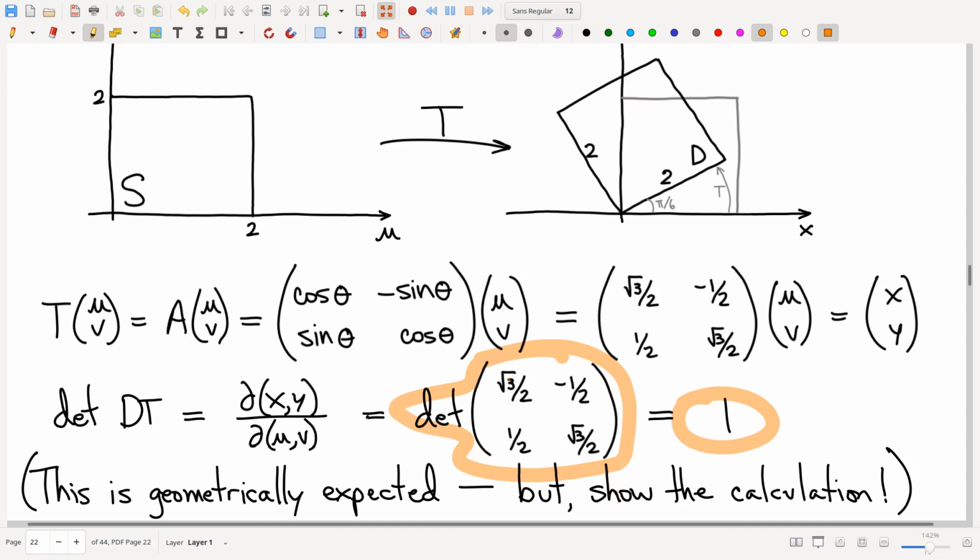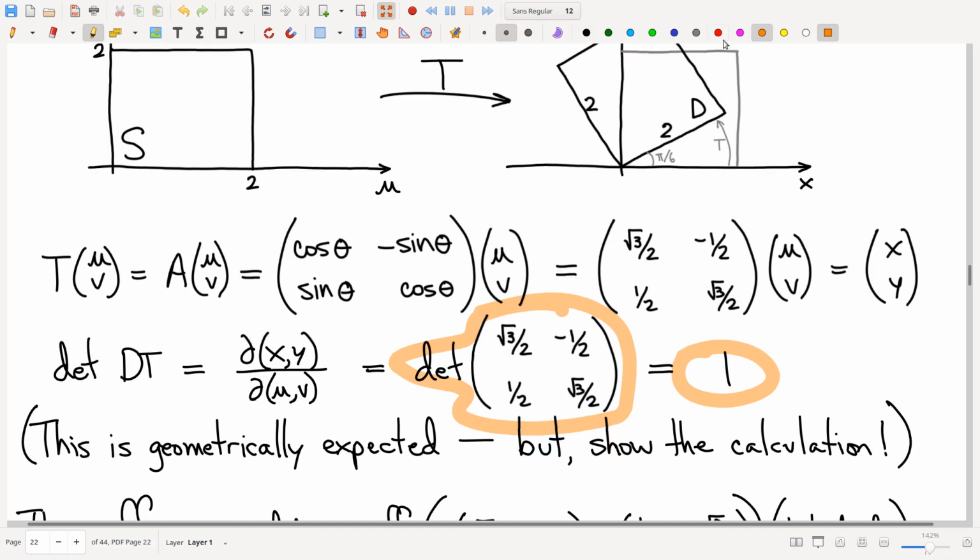It's just turning. So from a geometric point of view, you don't expect any changes in areas. You could almost argue geometrically that the stretching factor is 1, and that's a case that could be made there.